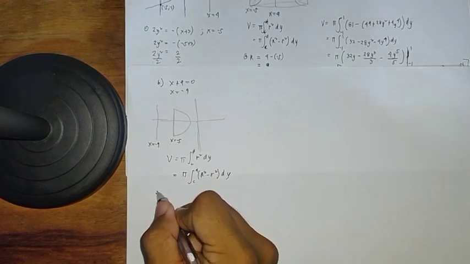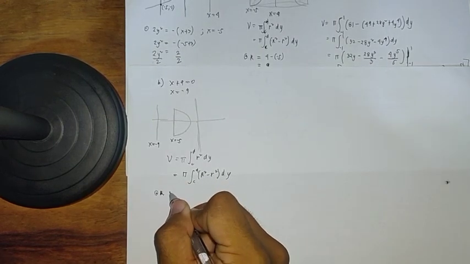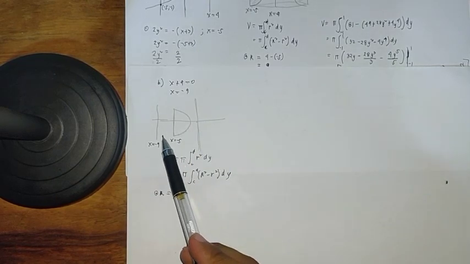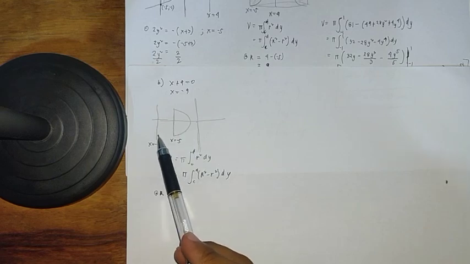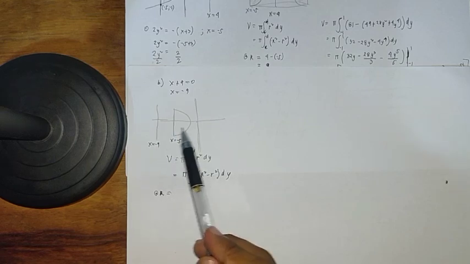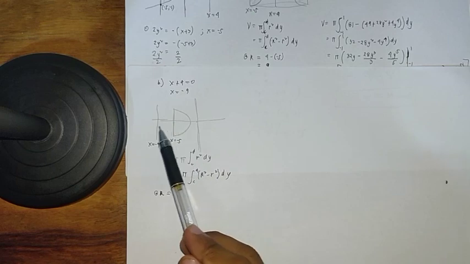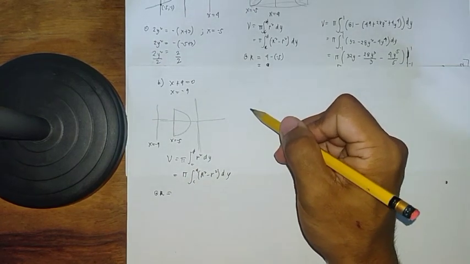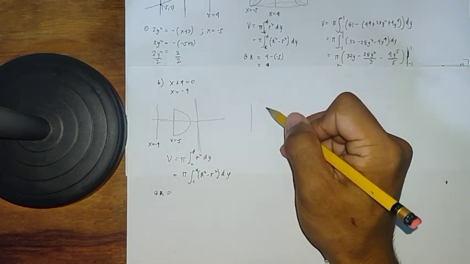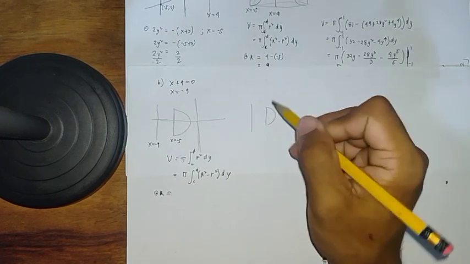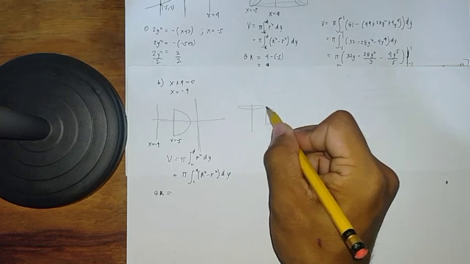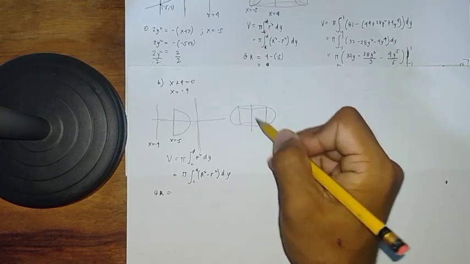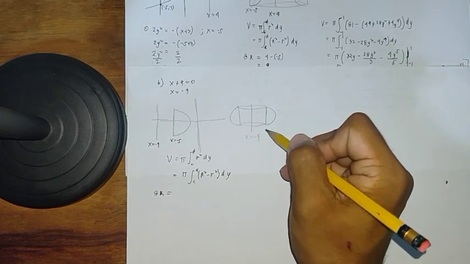So, dito, yung r na malaki is yung distance ng ito hanggang dito. Kapag i-drawing kasi natin siya, magiging ganito siya. Ito yung x equals to negative 9 natin.